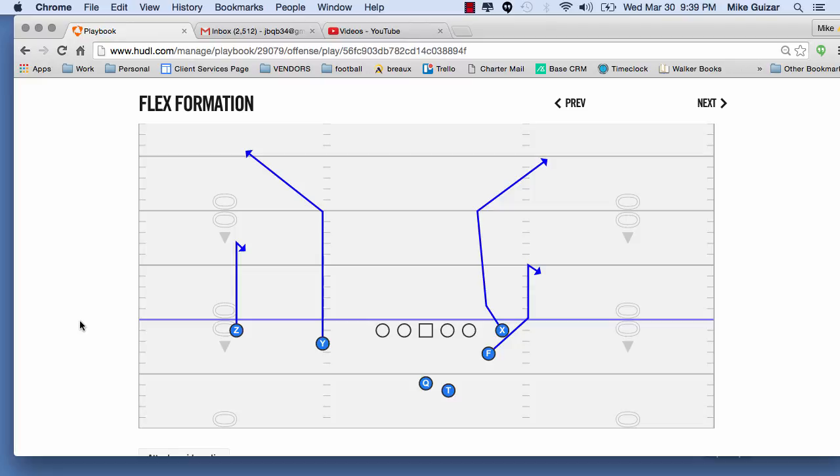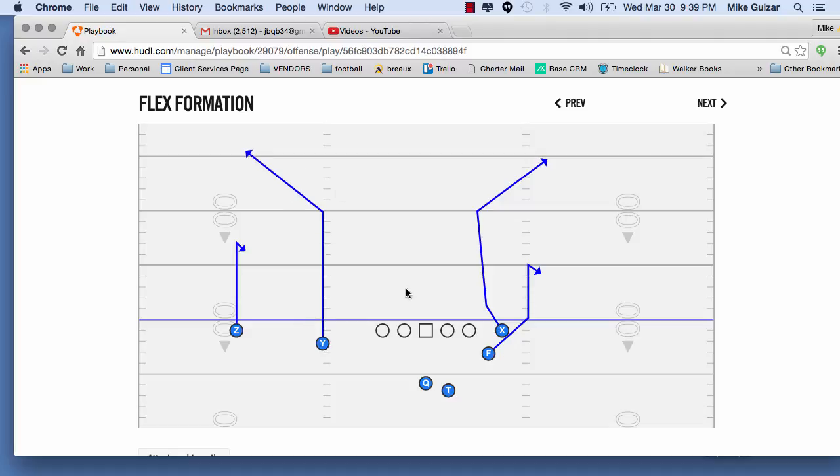Okay, now we have our smash concept. Our smash concept is a concept with two wide receivers combining to run a flag and a hitch. So on the left side with Z and Y, we have the hitch, a 7-yard hitch, come hard back to the football, run by the Z, and Y runs his typical 10-yard corner route or flag route.